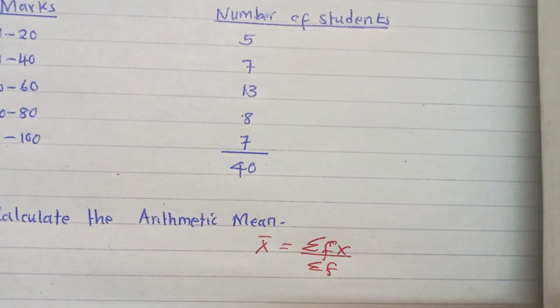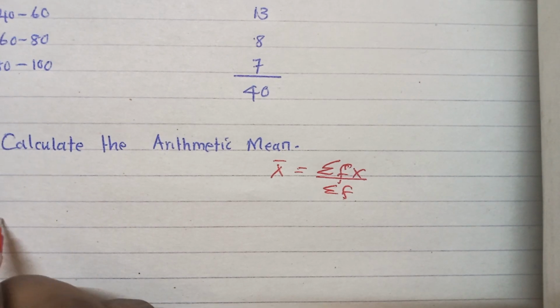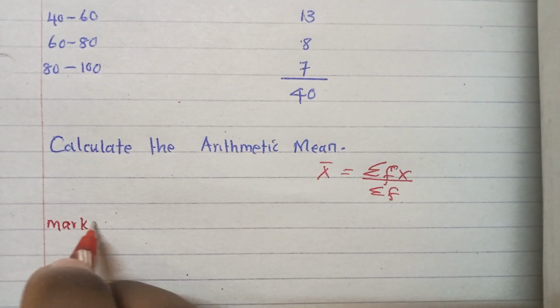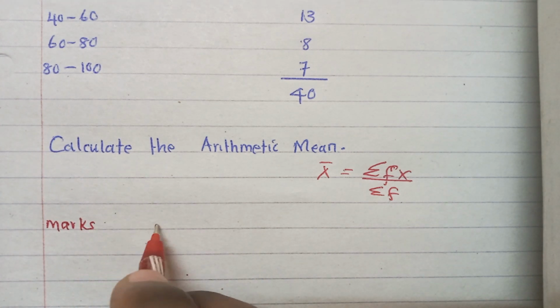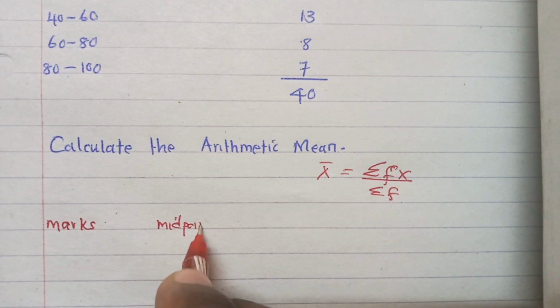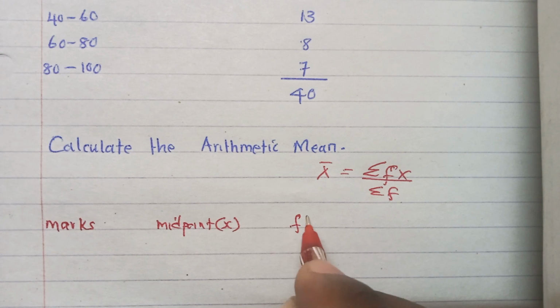So what we need to do is arrange this data this way. We need to have the marks column. We need to have x, which is the midpoint. That is our x. And then the other column is frequency, which is f.